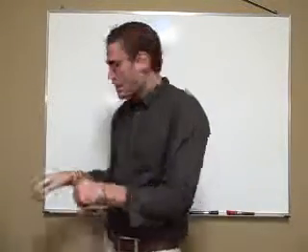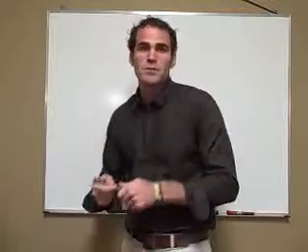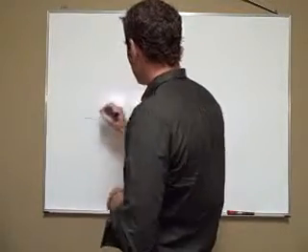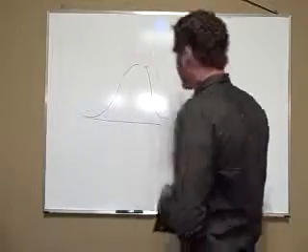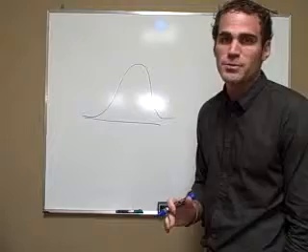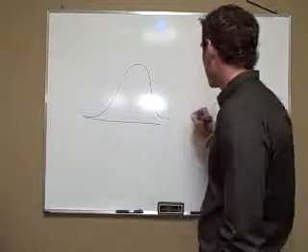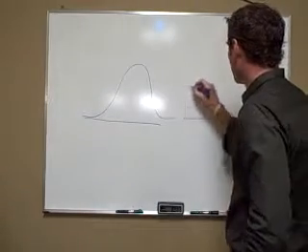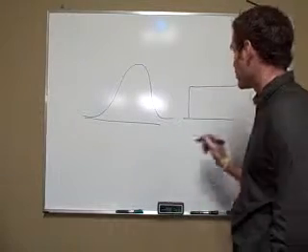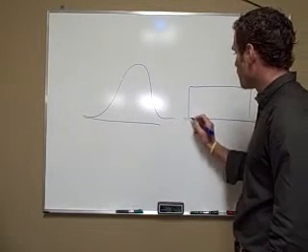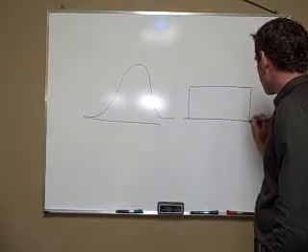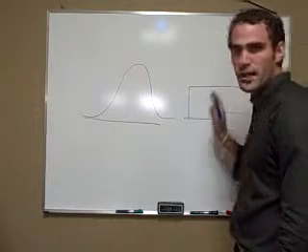Some common continuous distributions are the normal distribution, and we've talked about the normal distribution before. Another common continuous distribution is the uniform distribution, and the uniform distribution again is drawn by a curve, but this does not change.